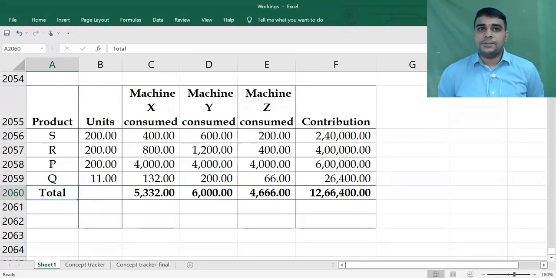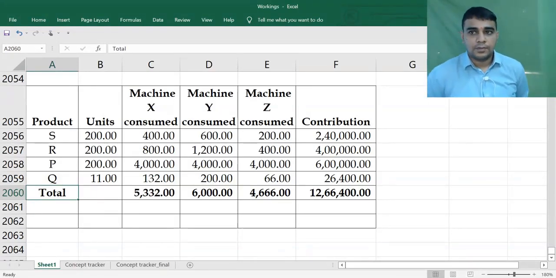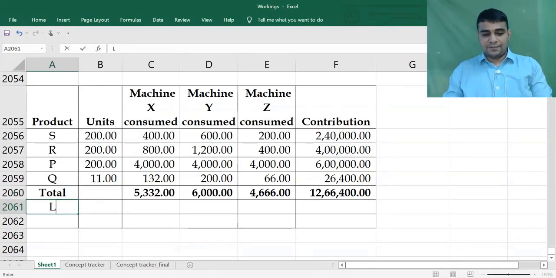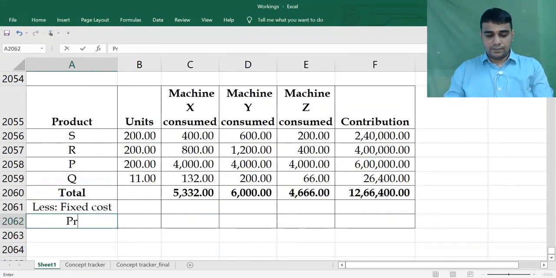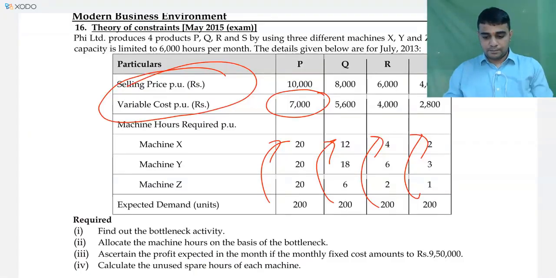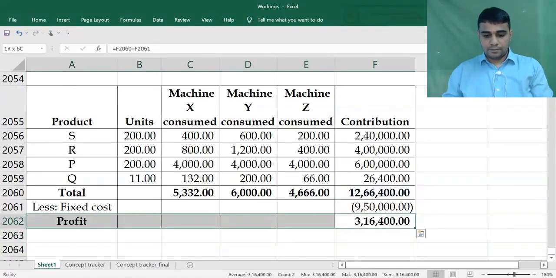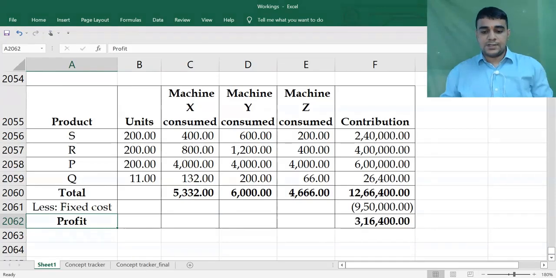Let me know if there are doubts here. Clear? I'll subtract fixed cost, get profit in this table itself. Requirement of the question was to calculate profit also. Profit is 3,16,400.